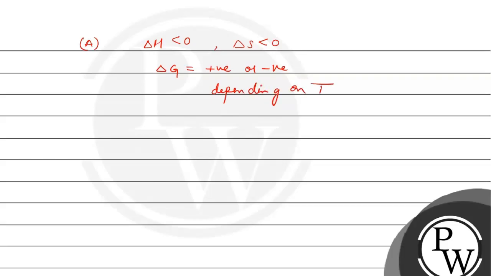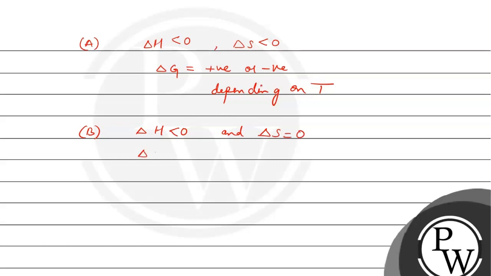So this cannot be a correct answer. Next we'll see option B. Option B says delta H is less than 0 and delta S is equal to 0.